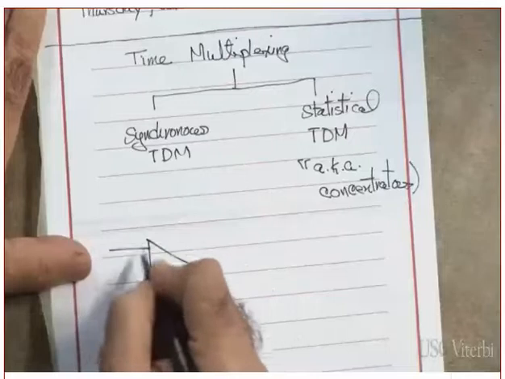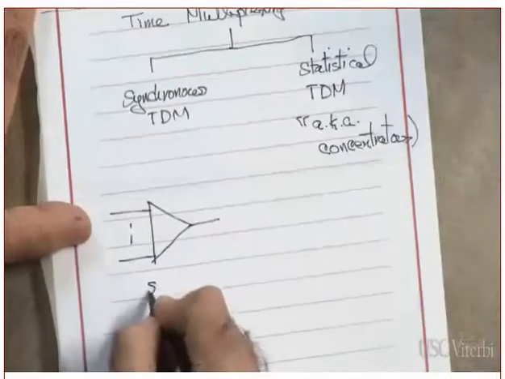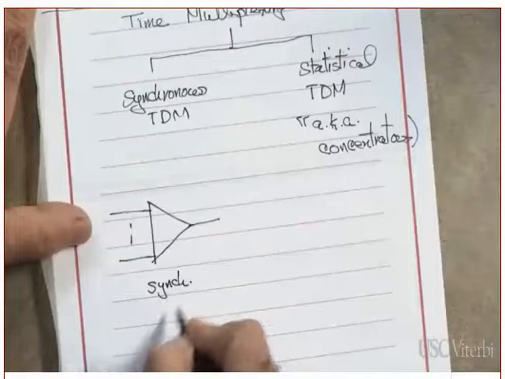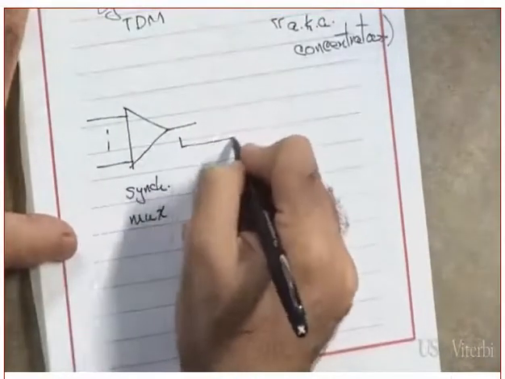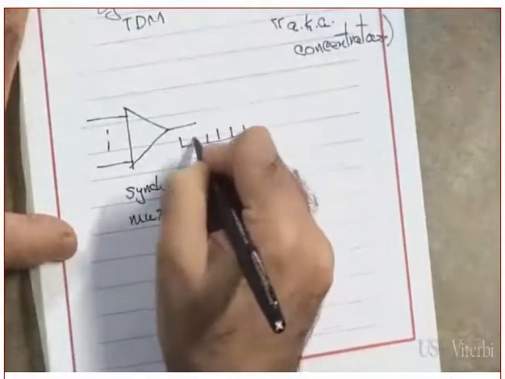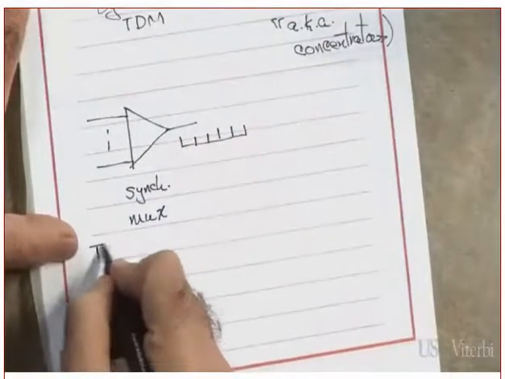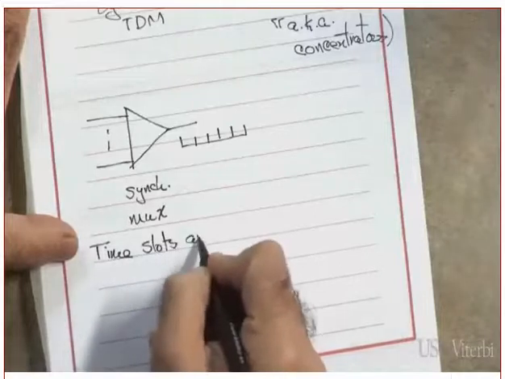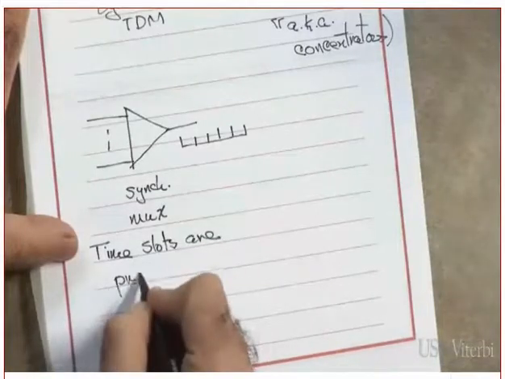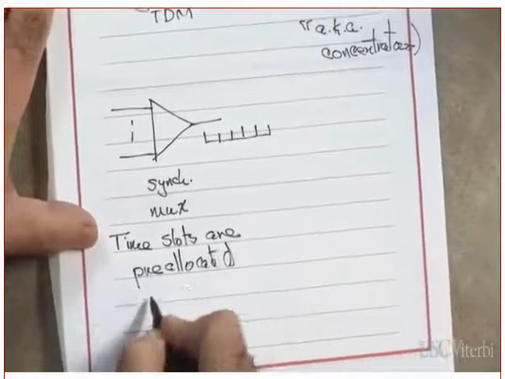This is a MUX. This is a synchronous MUX. Okay, these are the time slots. What do we say in synchronous MUX? Time slots are pre-allocated to what?